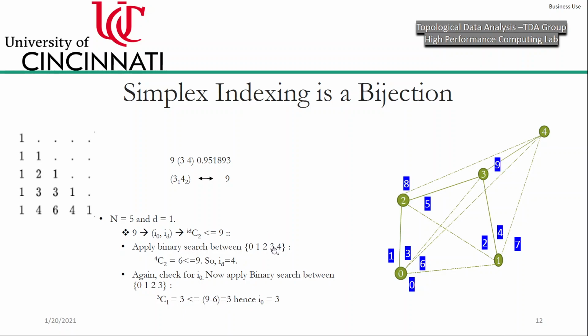You choose 3 because 4 is already done. 4 choose 1 is equal to 4, which is less than or equal to 3, hence it is 3. So 3 and 4. This is how you get it. You change this 2 to 1 and 4 to 3. I hope you get it.